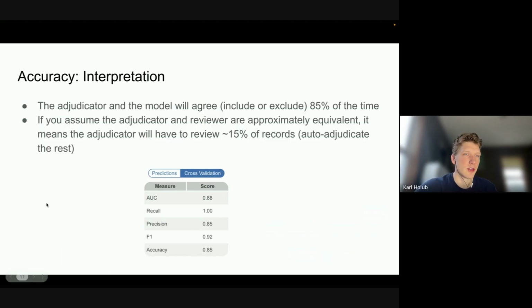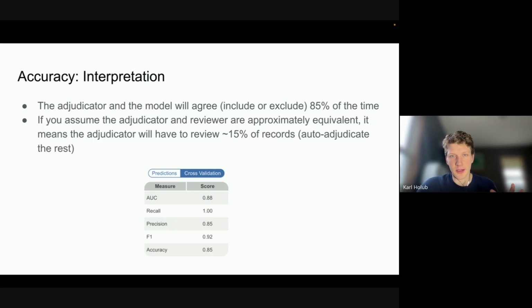One way we might interpret that in terms of time saving is that if you assume the adjudicator and reviewer are equivalent, the adjudicator will have to review about 15% of records in the nest. That's a gross assumption, but it means it's saving 85% of records that the adjudicator can just auto-adjudicate. It's a very high-level way to think about this.